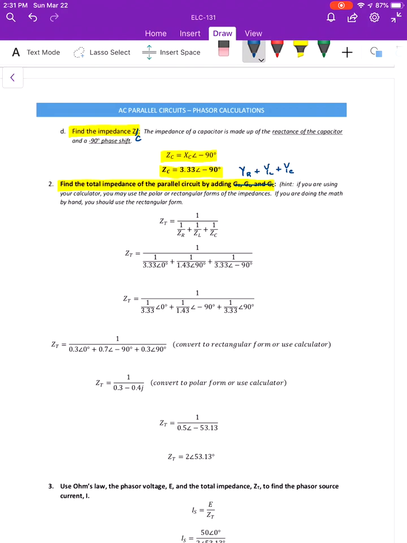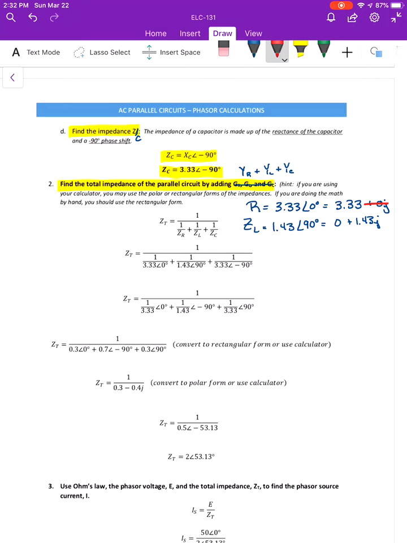So remember, for the resistor, the impedance is 3.33 at 0 degrees. Well, in rectangular form, that's just 3.33 plus 0j. But we can leave out the 0j. We don't need that in our equation, so that'll just make things a little easier. For the impedance of the inductor, we have 1.43 at a positive 90 degrees, which is 0 plus 1.43j in rectangular form.